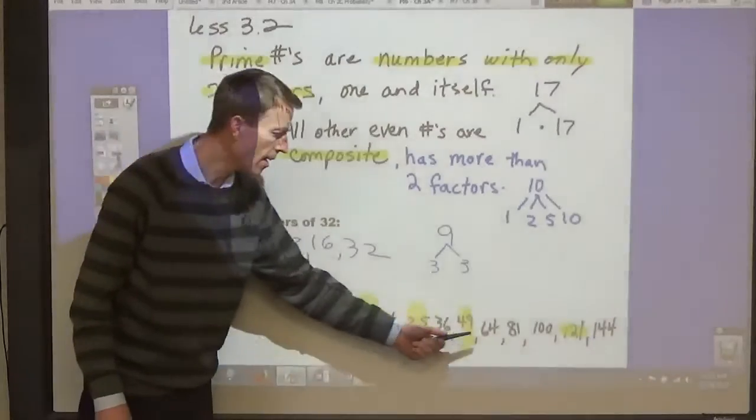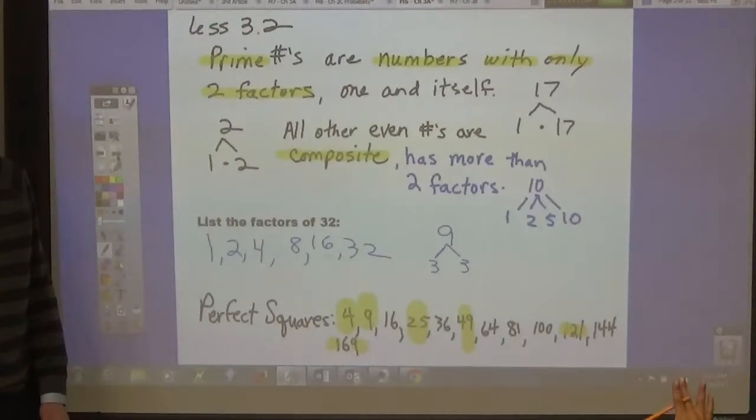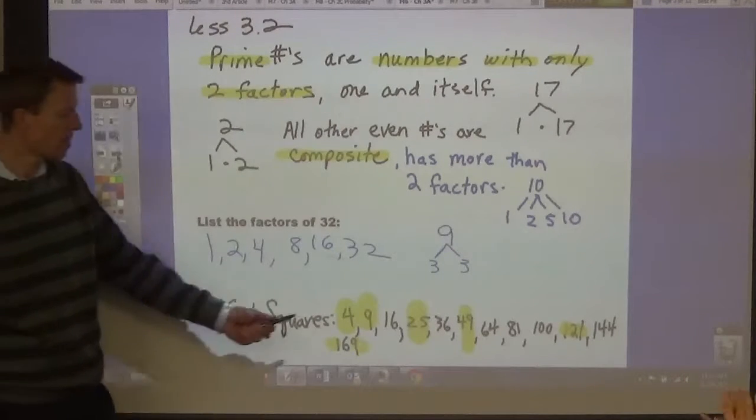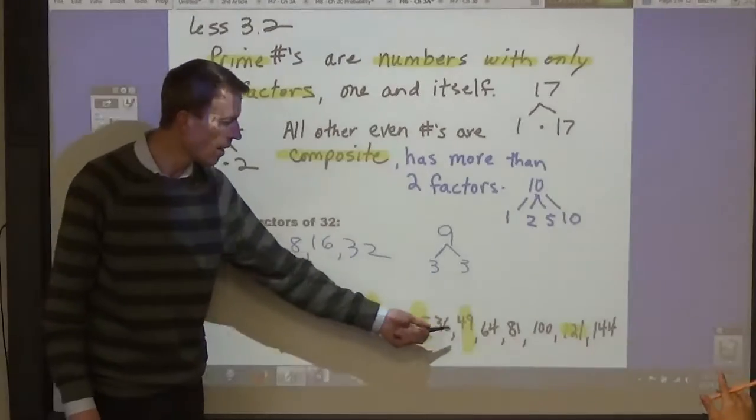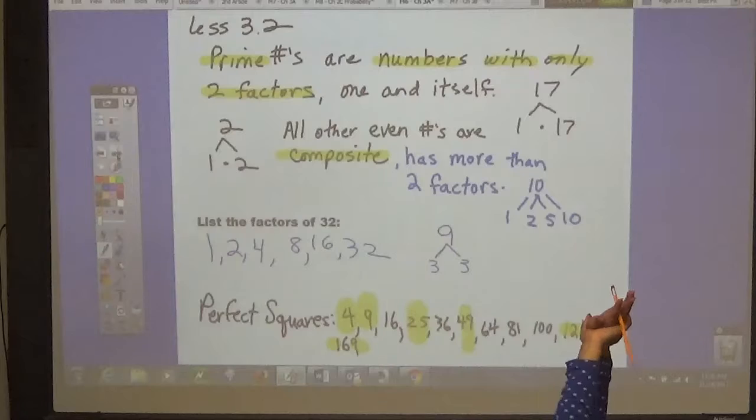What do all those have in common? The numbers I listed: 4, 9, 25, 49, 121. The next one would be 169.